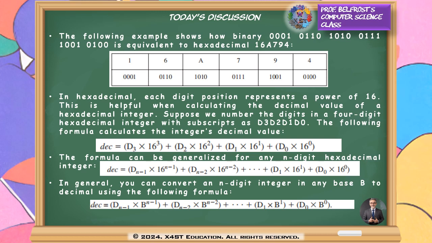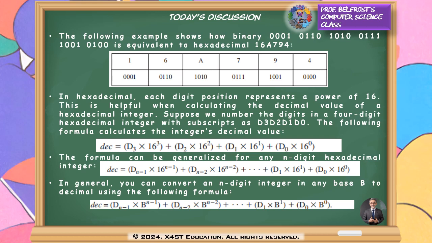You just convert each group to the suitable hexadecimal digit. For the leftmost group, 0001 is equal to 1. We have 0110 equal to 6. Then 1010 is equal to 10, which is A. Then we have 0111, which is 7 in hexadecimal representation. Then 1001 is equal to 9 and 0100 is 4. Very easy. So 16A794.